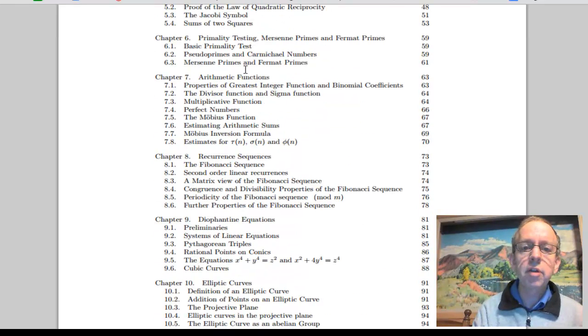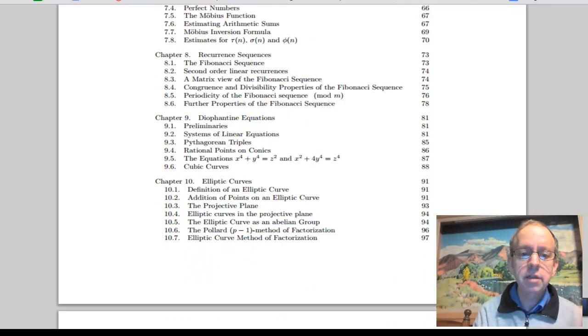Chapter 6, primality testing, Mersenne primes, Fermat primes. Chapter 7, studying arithmetic functions, the Möbius function, Möbius inversion formula, estimating the tau, sigma, and Euler phi functions. Chapter 8, we look at recurrence sequences, especially the Fibonacci sequence. It has lots of interesting properties that we'll look at.